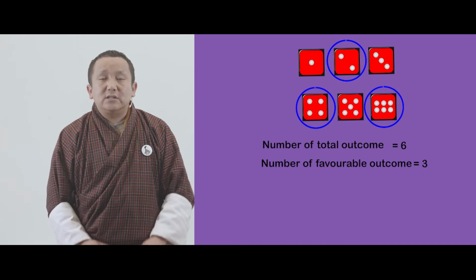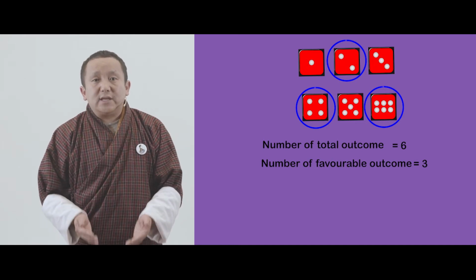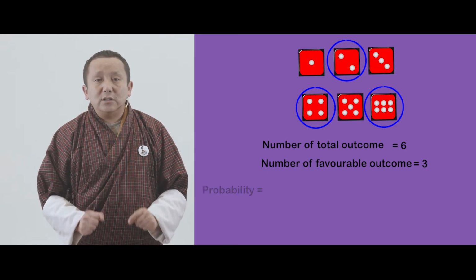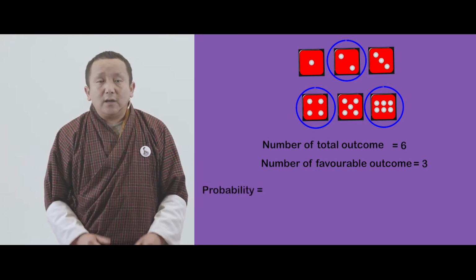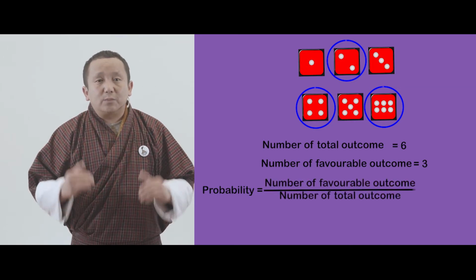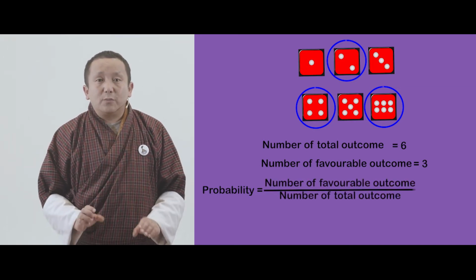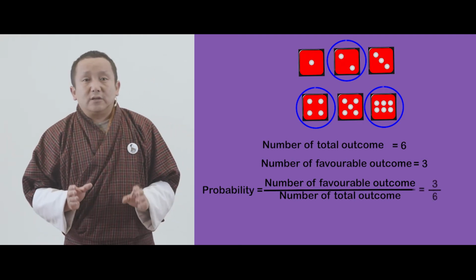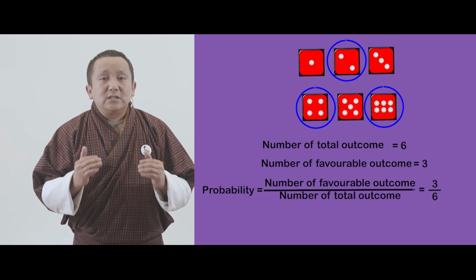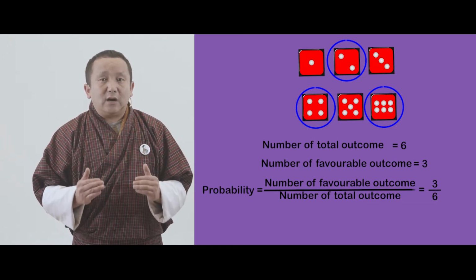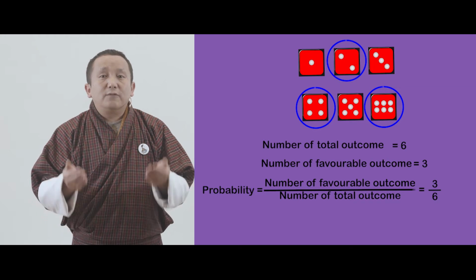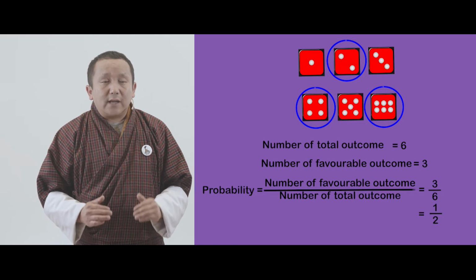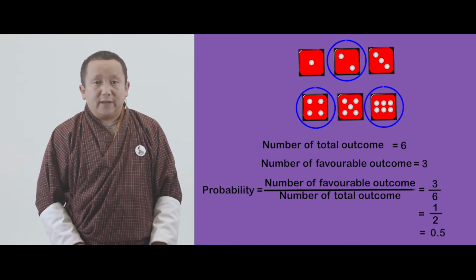Now that we have listed down the number of total outcomes and the number of favorable outcomes, you can easily determine the theoretical probability by using the formula: number of favorable outcomes divided by the number of total outcomes. So the number of favorable outcomes here is 3 and the number of total outcomes here is 6. Since the numerator and denominator are multiples of the same number, you can further simplify it as 1 over 2, or it can be written as 0.5.